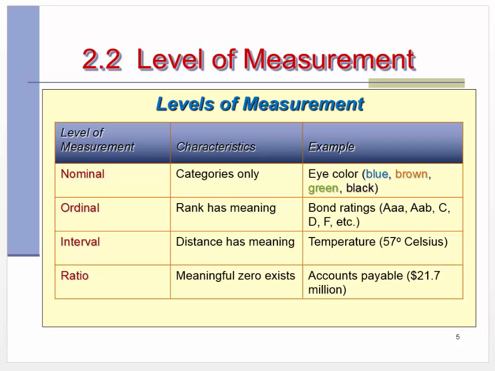The highest level of measurement is ratio. In ratio measurement, not only does it have the properties of all three levels of nominal, ordinal, and interval, but a meaningful zero exists. When we talk about measuring money, for example, $21.7 million, that's a ratio measurement. $0 is meaningful.